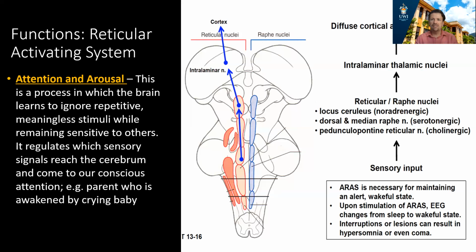And so you can see there the simplified flow of information that's involved in attention and arousal, where sensory input will activate these long projection neurons. And then via the thalamus, this will cause arousal of the cortex. And of course, interruption of these pathways could then lead to unresponsive states like a coma.